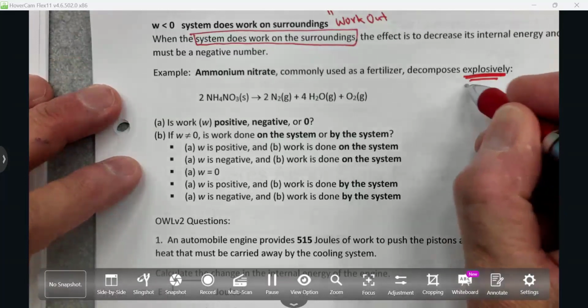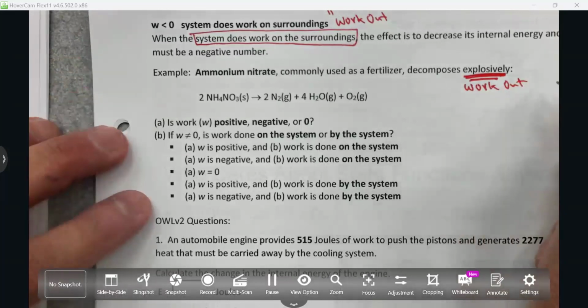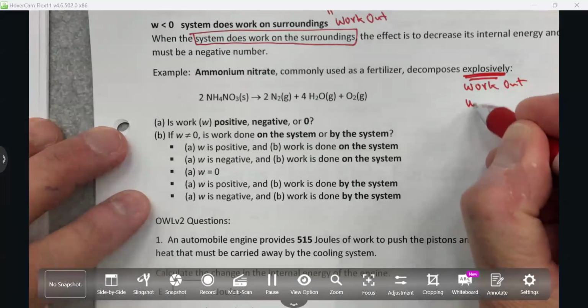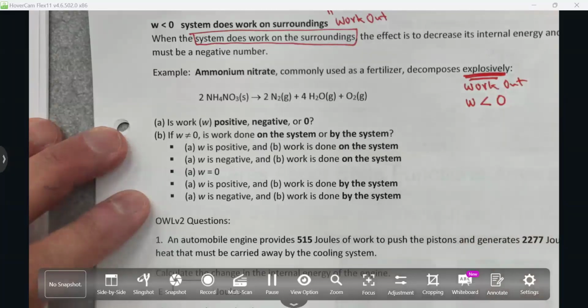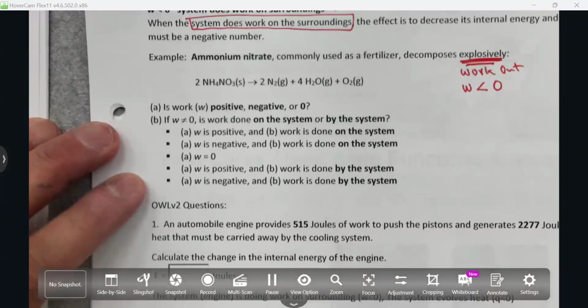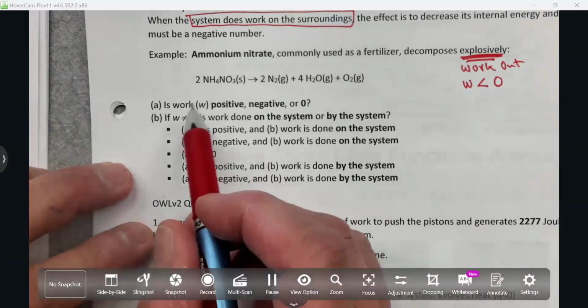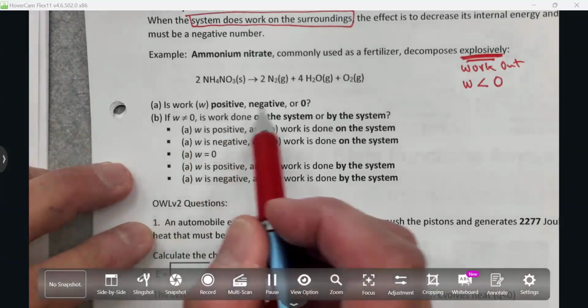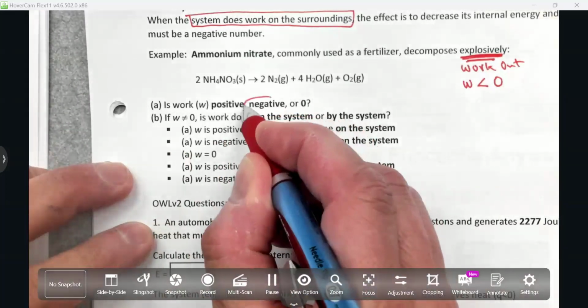We can for sure get work out of this. If we get work out, work should be less than 0. So my first question is work positive, negative, or 0? Work should be negative.